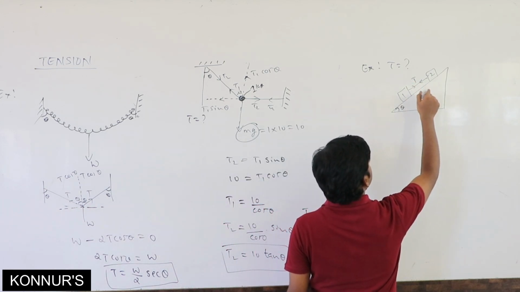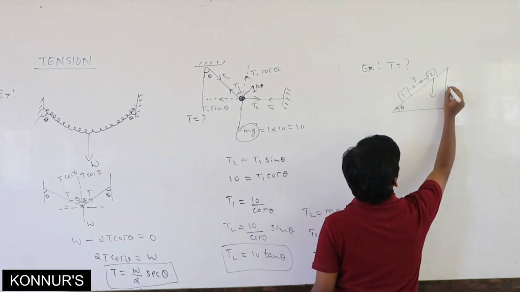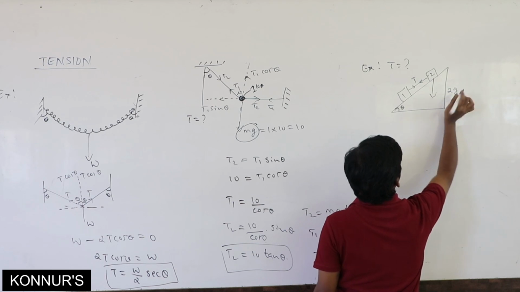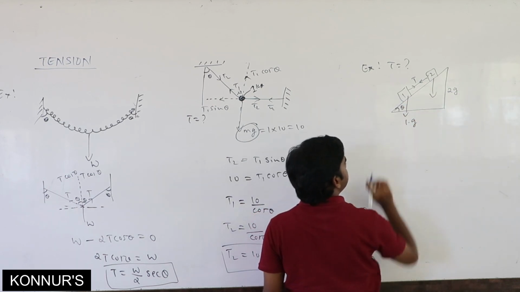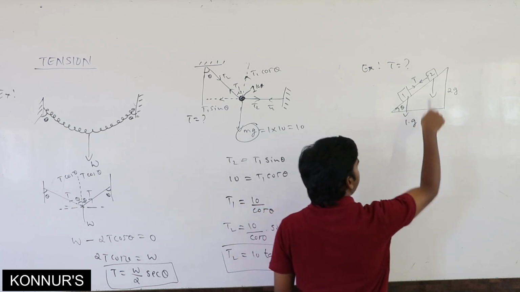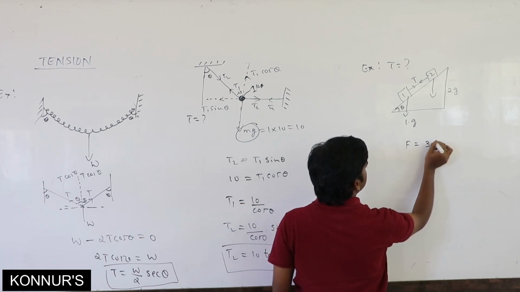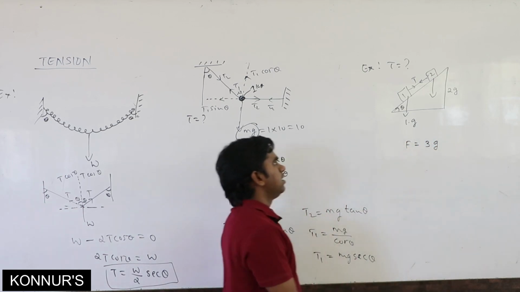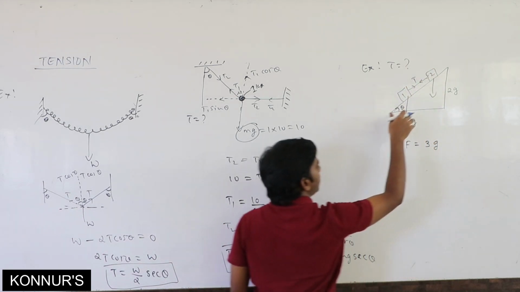Here, what is the downward force? It is 2g here, and here it is 1g. What is the net downward force? Net downward force is 3g.